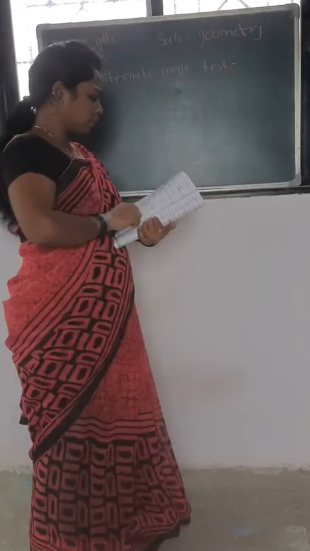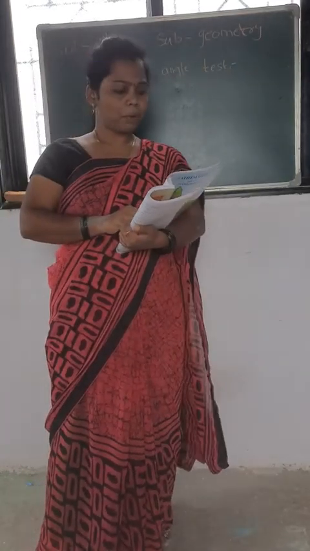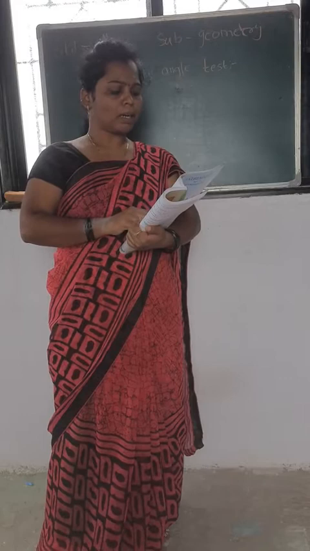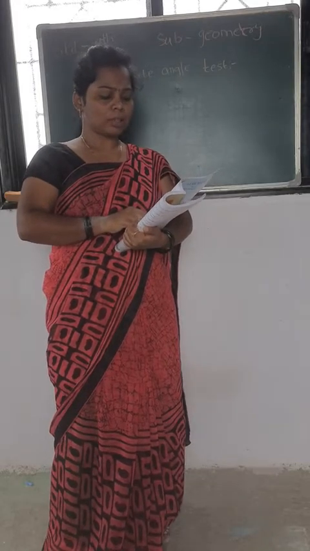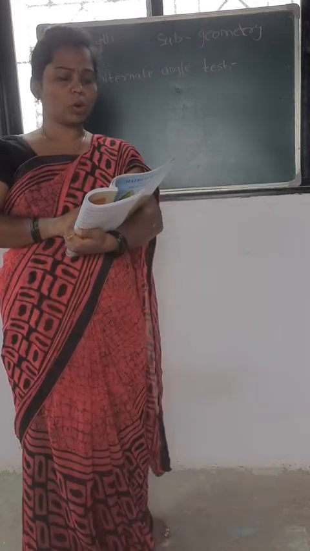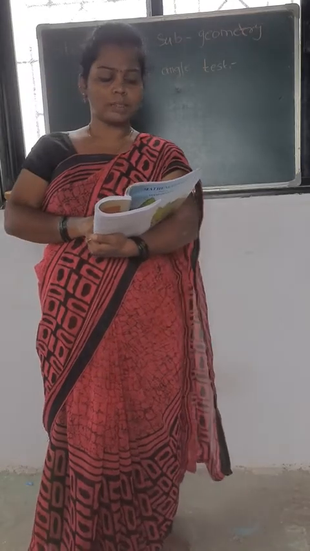The theorem is: if a pair of alternate angles formed by a transversal of two lines is congruent, then the two lines are parallel.